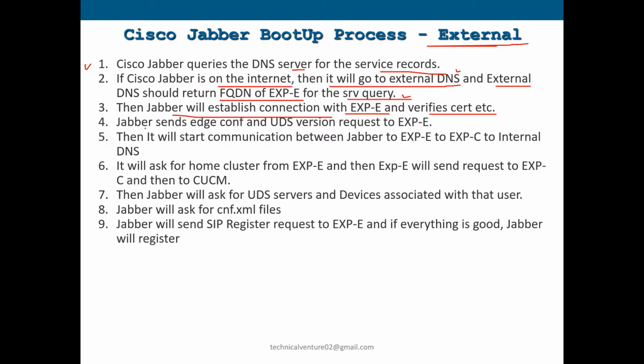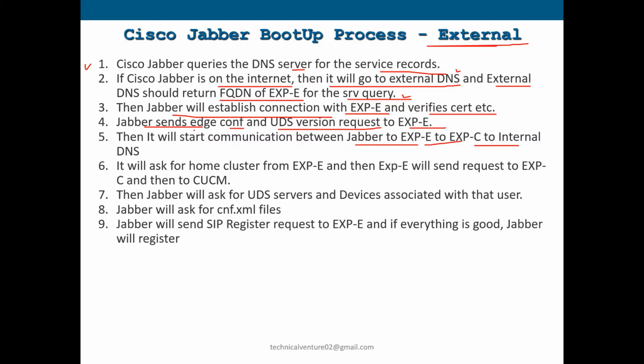Once it verifies all the certificates, Jabber will send the edge configuration and the UDS version request to Expressway E. Then communication will start between Jabber and Expressway E, Expressway E to Expressway C, Expressway C to our internal local DNS, and then local DNS to our CUCM. I will show you in the flow diagram how the messages are getting interchanged.